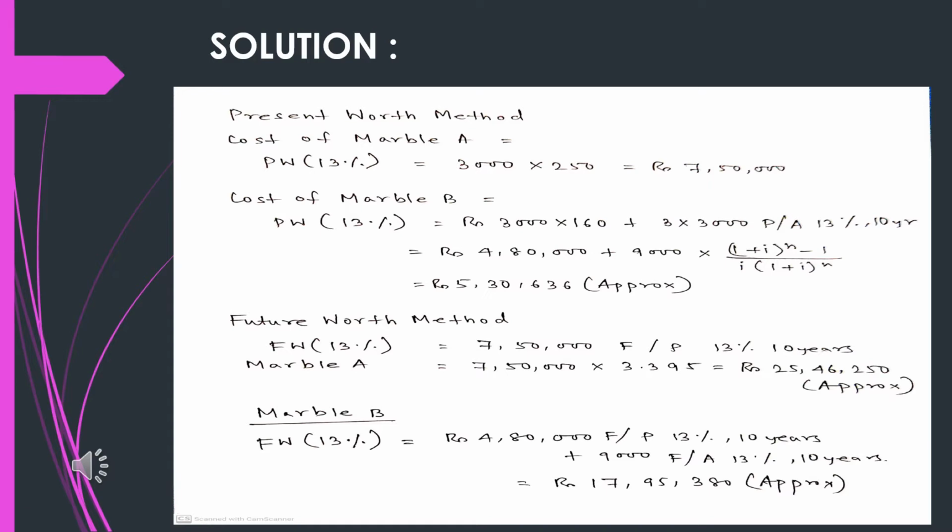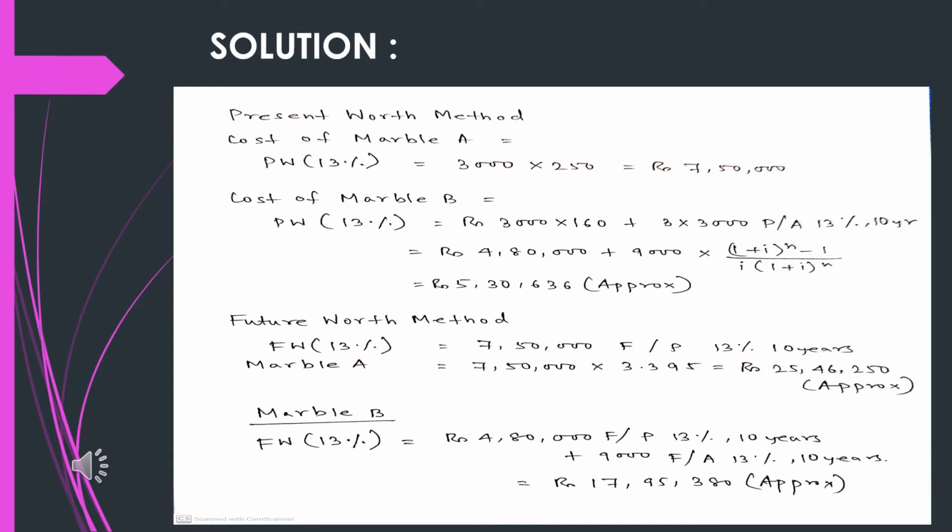If we take that into consideration, we multiply the rupees 3 per square feet with the total 3000 square feet, and we get 9000, which is an annual worth value, repetitive in nature.